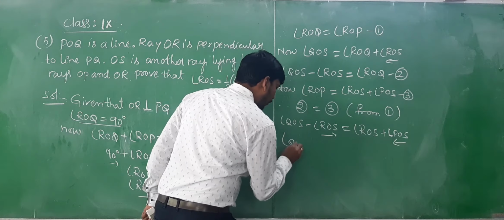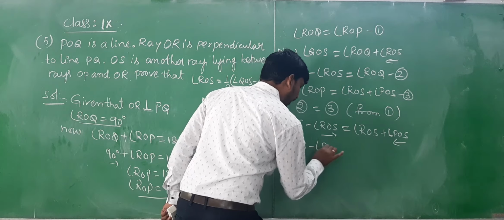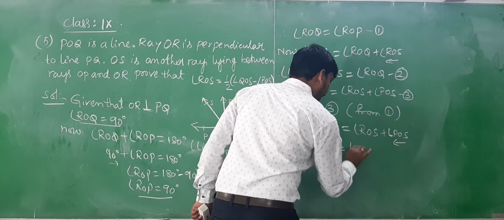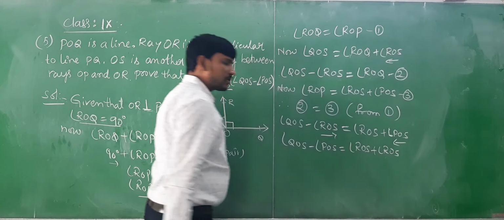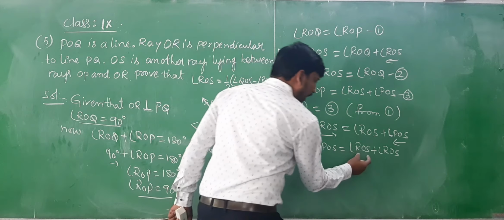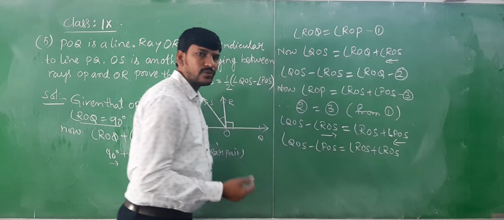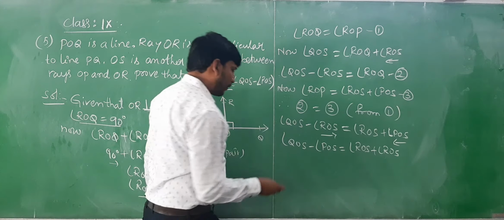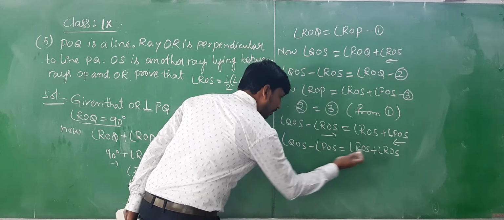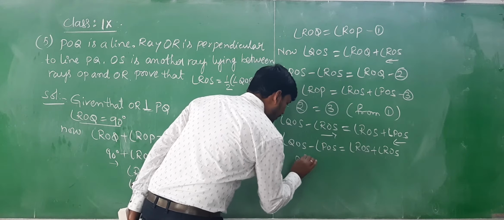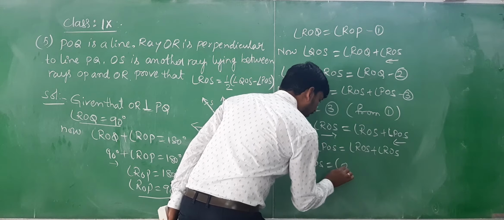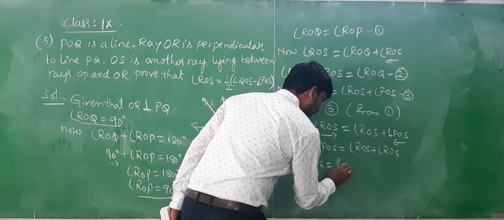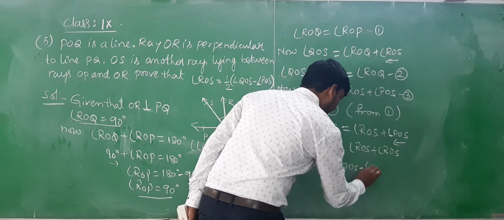Now angle QOS minus angle POS is equal to angle ROS plus angle ROS. Both are the same angle, ROS and ROS. We can write it as 2 times angle ROS. So 2 times angle ROS is equal to angle QOS minus angle POS.